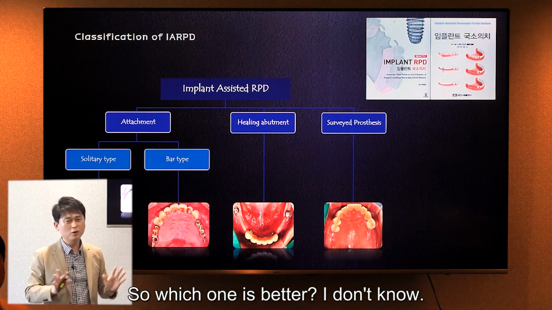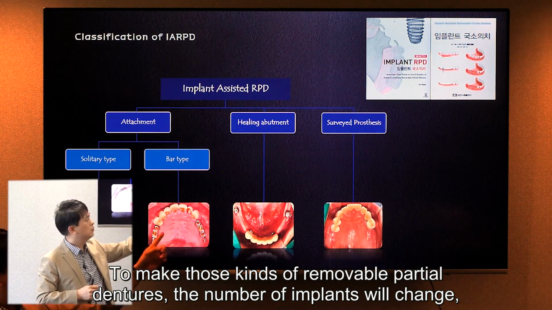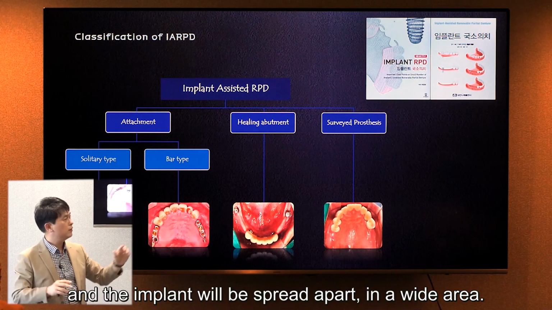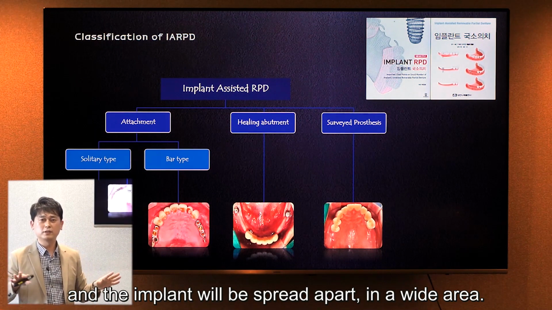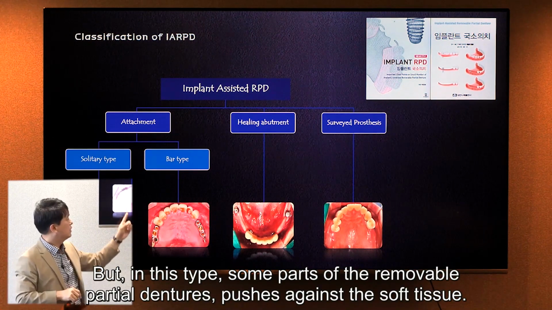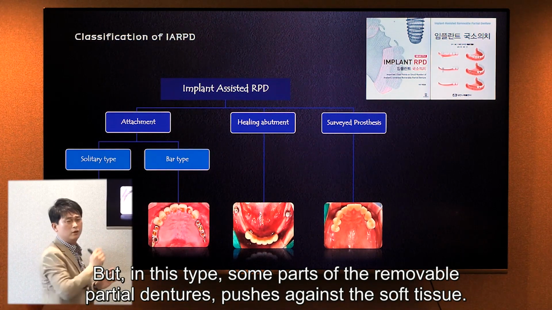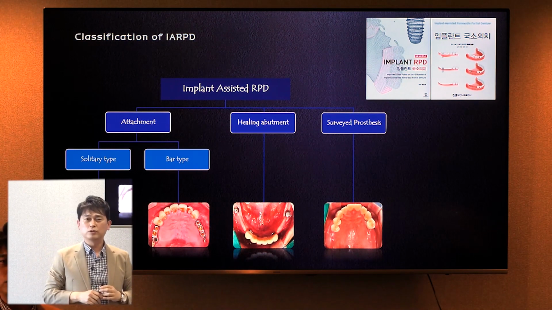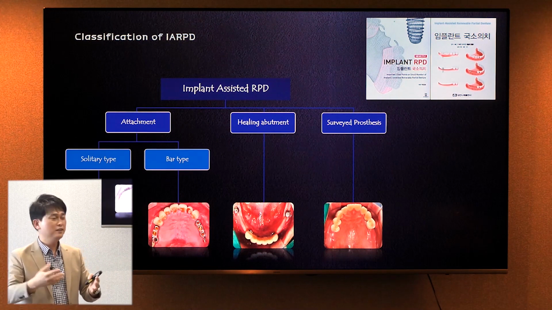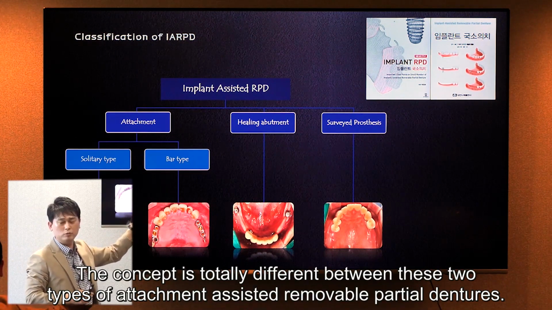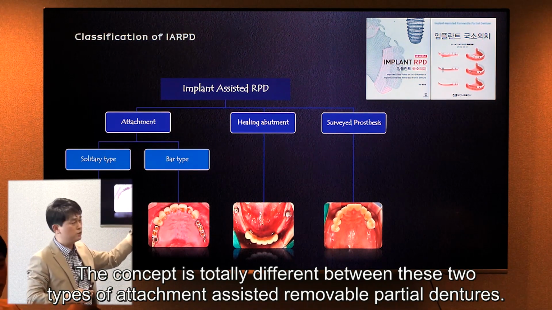So which one is best? I don't know. To make this kind of removable partial denture, the number of implants will increase, and the implants will be spread over a wide area. But in this type, some part of the removable partial denture pushes the soft tissue, so dentists have to permit that kind of movement. So anyway, the concept is totally different between the two types of attachment-assisted removable partial denture.